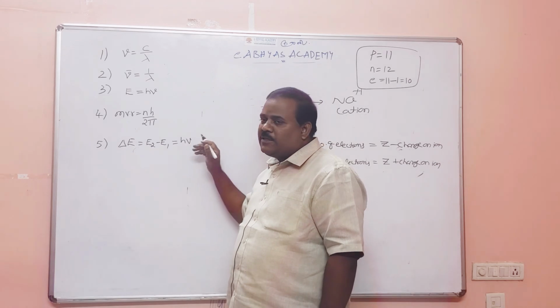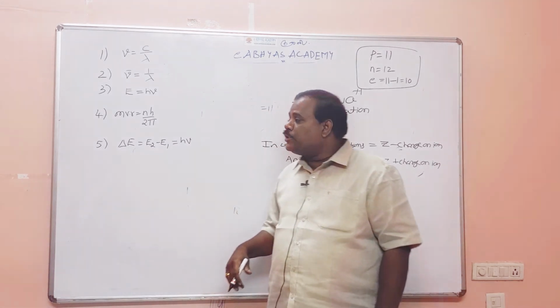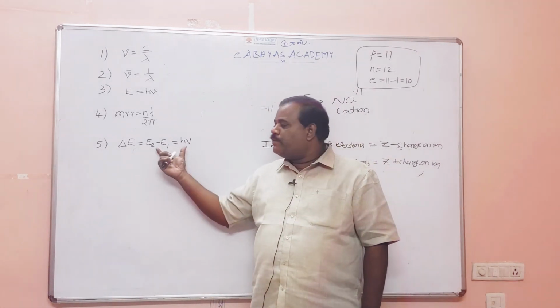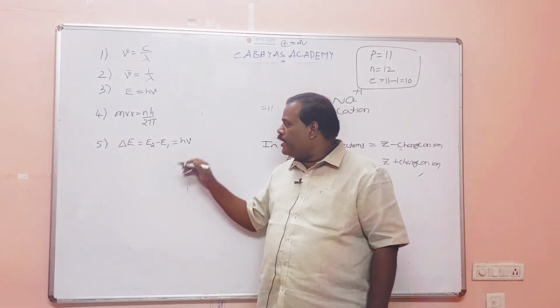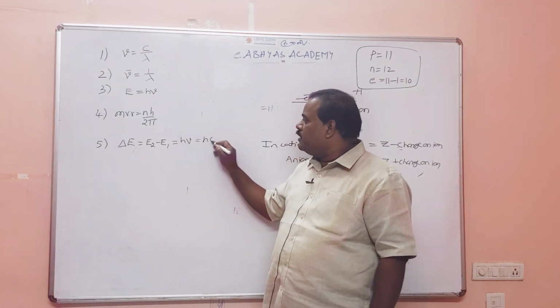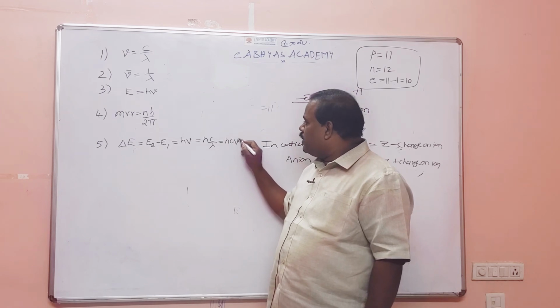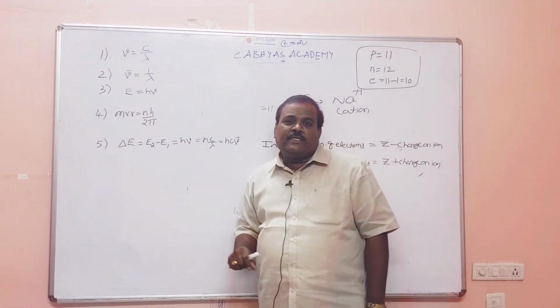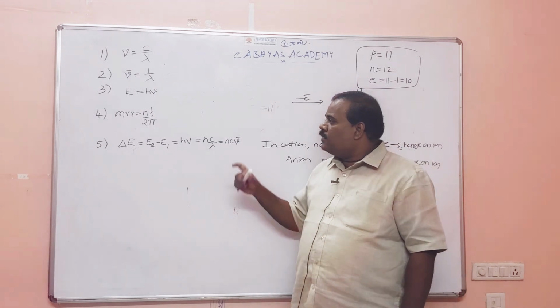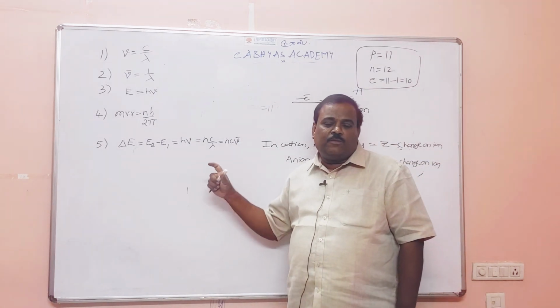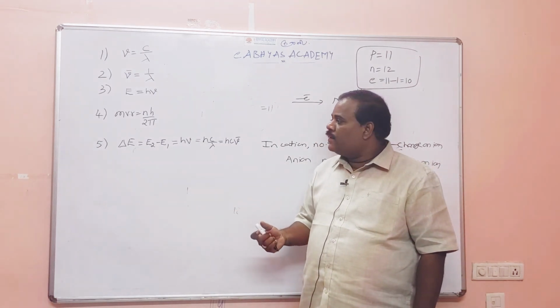That is delta E is equal to E2 minus E1 is equal to h nu. Problems based on this model are also very important. H nu, we can also write it as hc by lambda in place of nu, or we can also write it as hc nu bar. Problems based on this model are also very important.